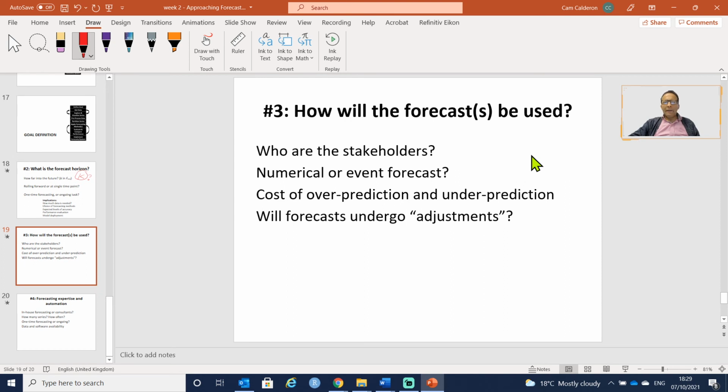Also, how are the forecasts going to be used? If you are working in a real life role, you will need to consider the stakeholders, and whether you have a numerical or an event forecast. Numerical is a number, a figure. An event forecast is, for instance, a shock event, like the pandemic.